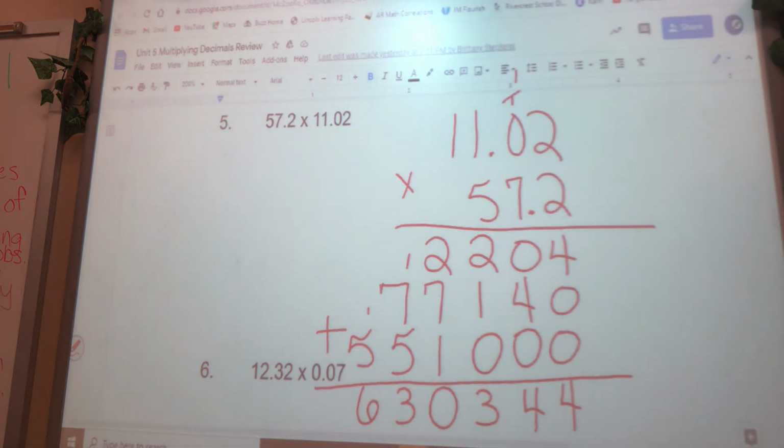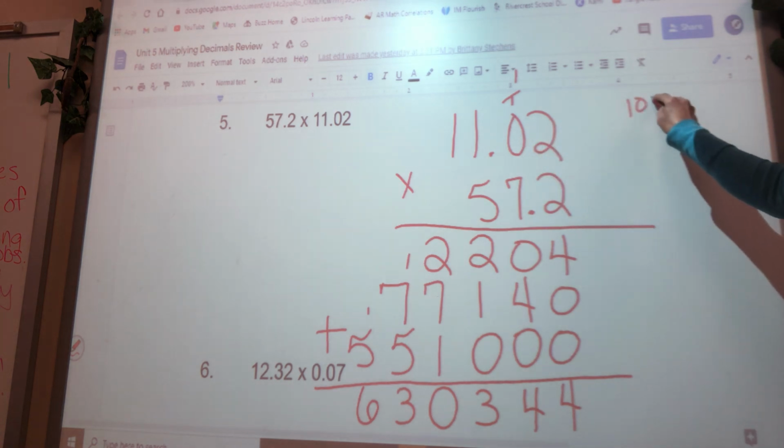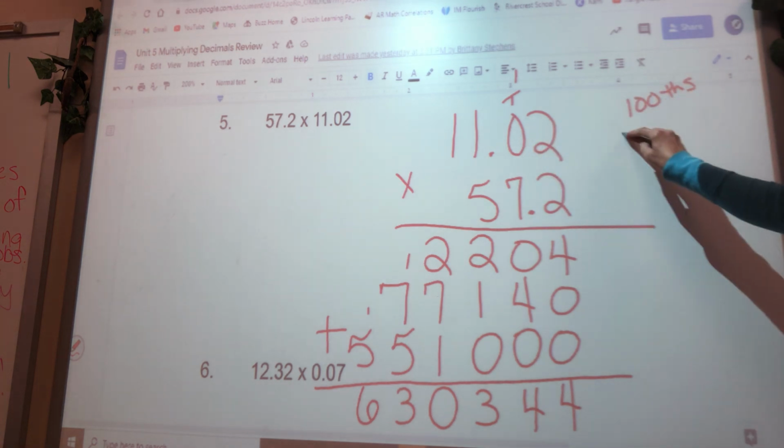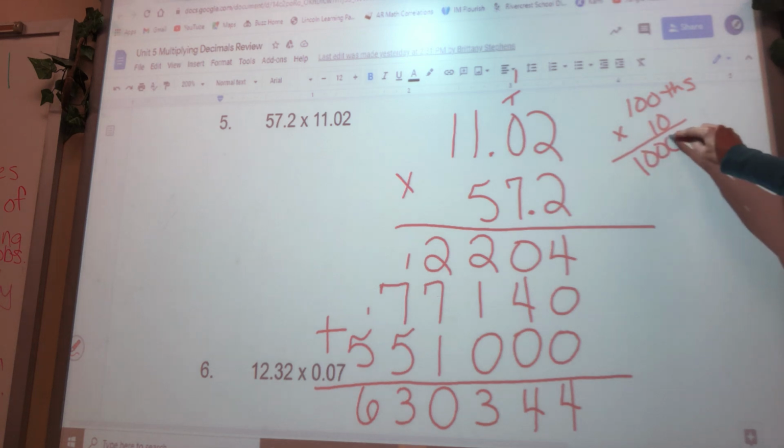So now, we know that we were multiplying tenths, hundredths times tenths. And when we multiply hundredths times tenths, we should get thousandths. We know that thousandths means 3 decimal places.